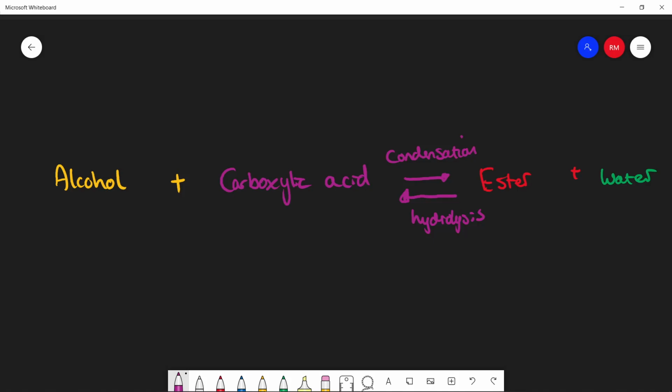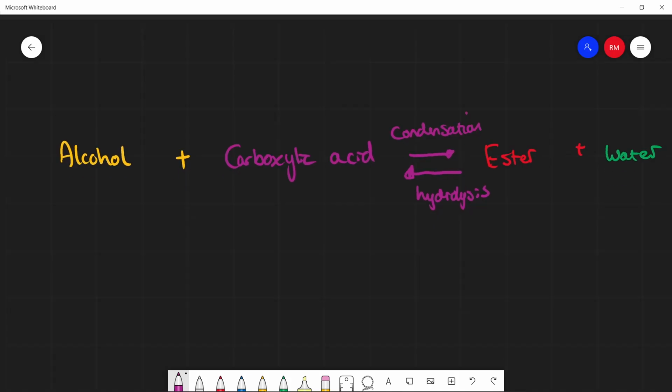So typically a few drops of concentrated sulfuric acid are added as a catalyst, and it's usually held in sort of an 80-degree water bath.